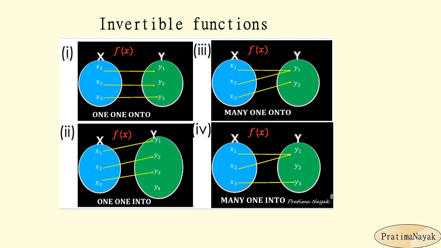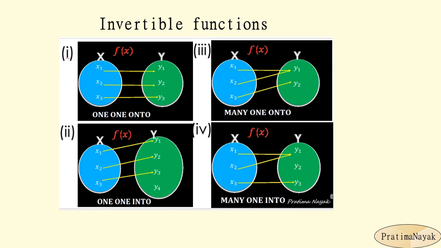Next is the third, many-one onto function. Can it be a function? No, because y1 will have two images, x1 and x2, when we define the function from Y to X. So that is also not a function. The fourth one will not be a function because again y2 is left, which has no image in X when we go in the inverse or reverse way.